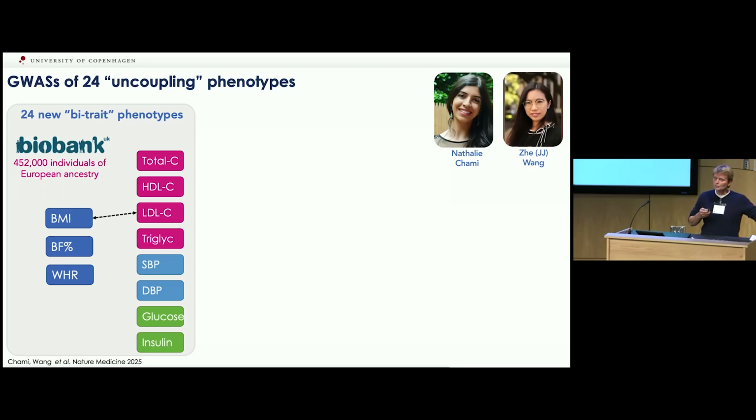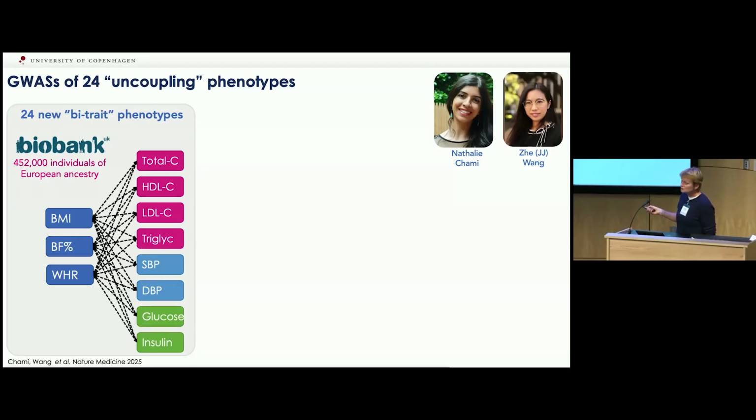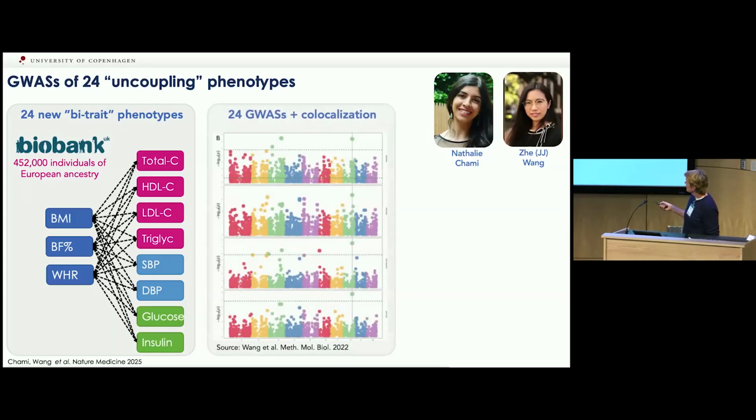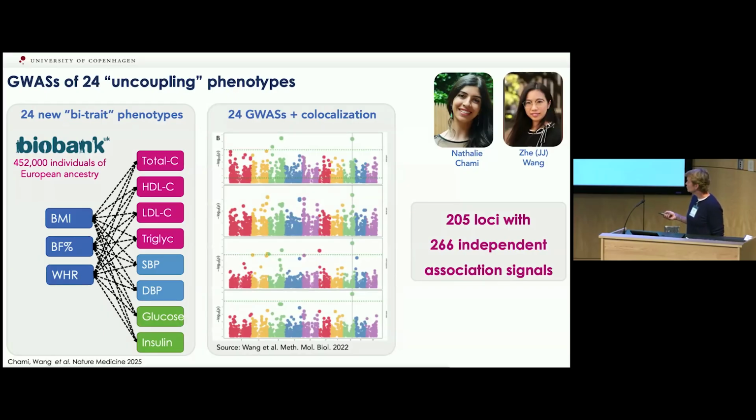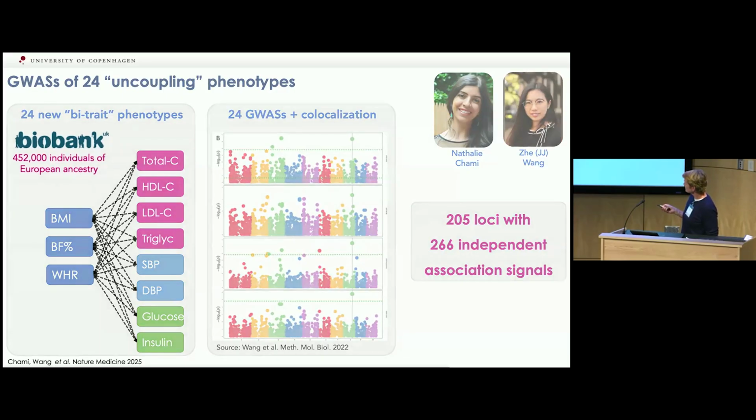You may have a low body mass index, but you have a high LDL. And we did that for BMI and LDL, but we did that for all these possible combinations. So we created 24 new phenotypes. We did a GWAS across these 24 new phenotypes. We made sure that the signals we observed are co-localized, and we ended up with 206 independent association signals.